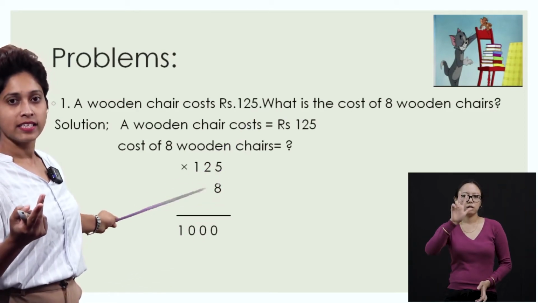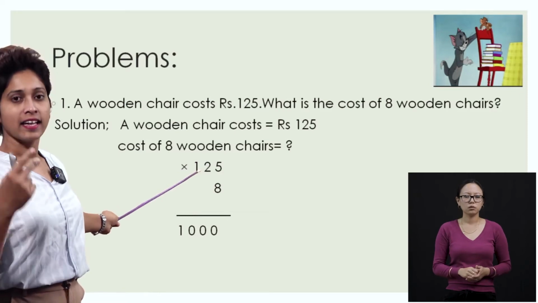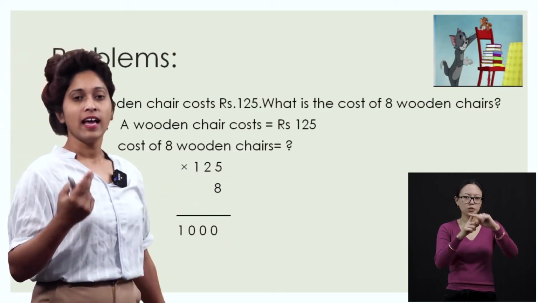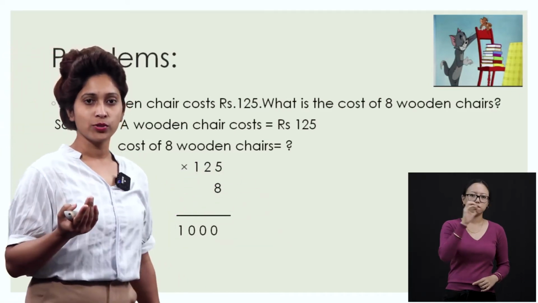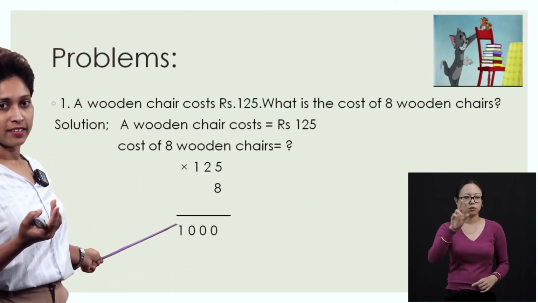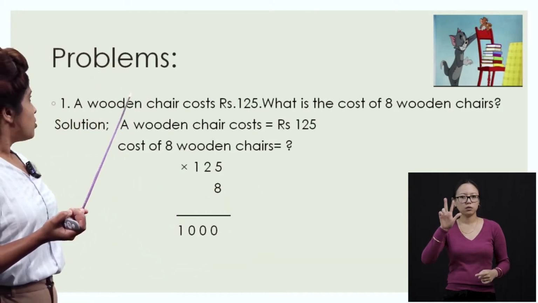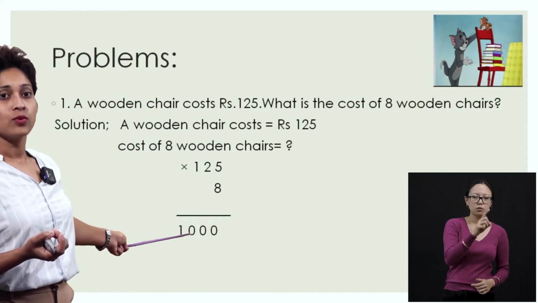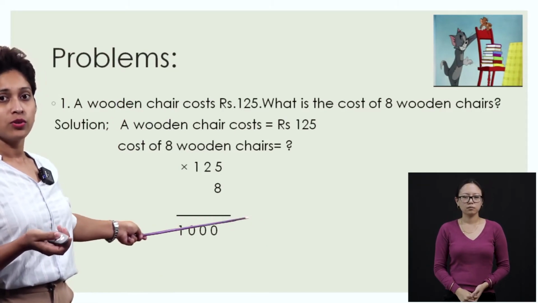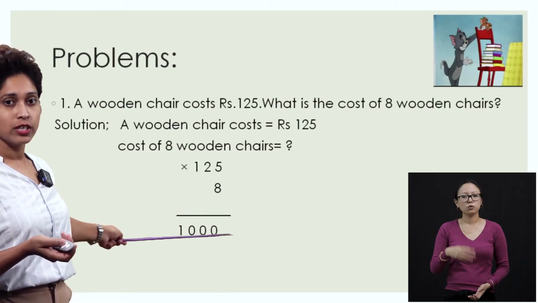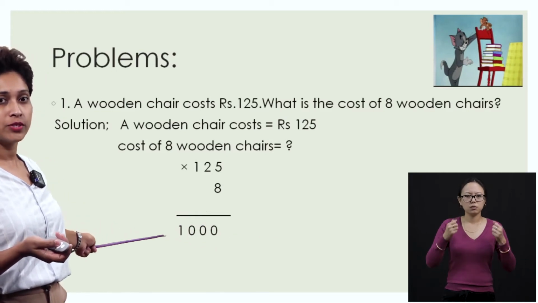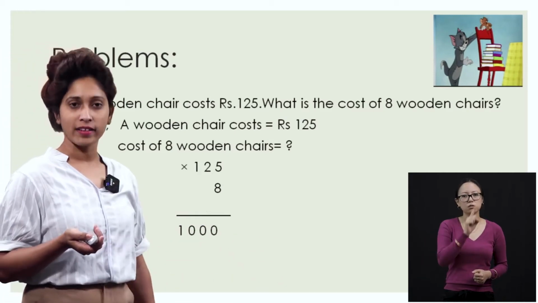Next will be 8 into 1. It will be 8 and then the carry that you have along with you, all together, how much will you get? 10, right? So the total amount is 1000. So the cost of 8 wooden chairs, how much will it be, students? It will be rupees 1000.